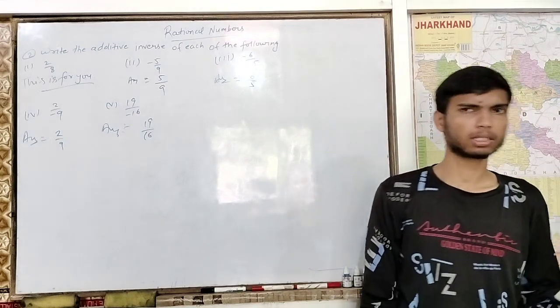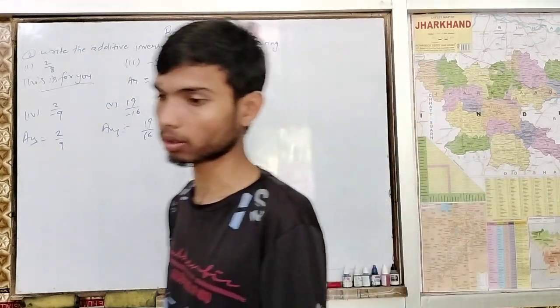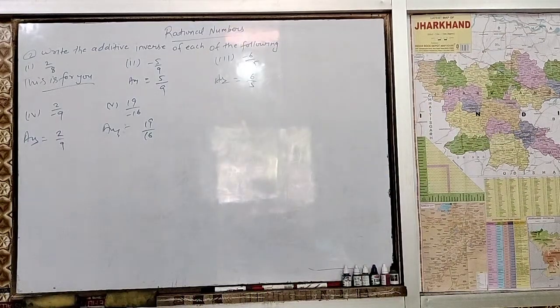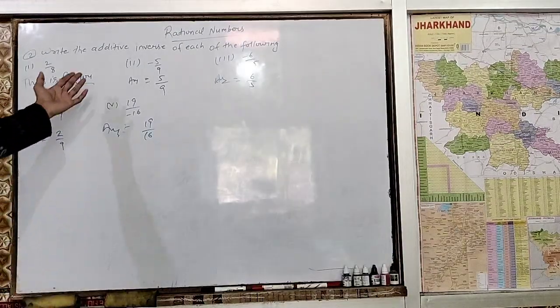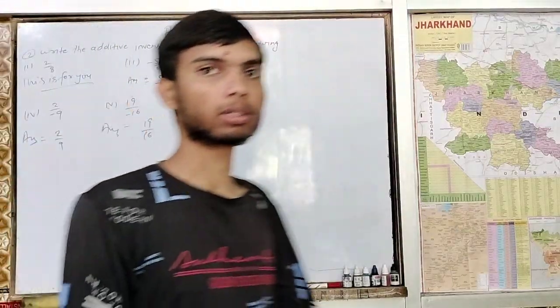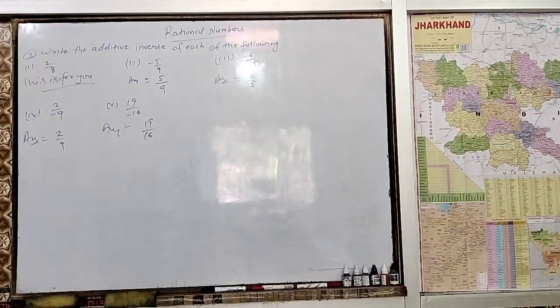We just converted minus 16 into positive, and 19 is already positive. If we convert 19 into negative, then we will not have the additive inverse. The question is not saying inverse, the question is saying write the additive inverse. One is for you.